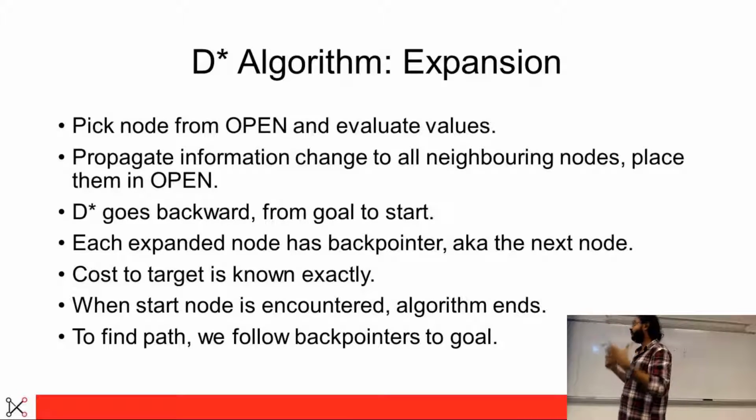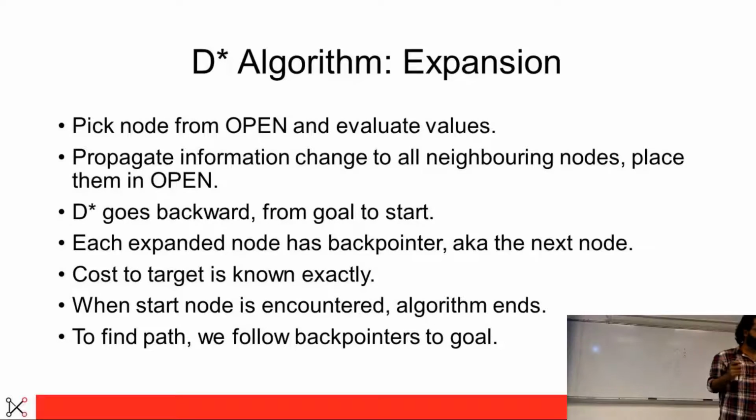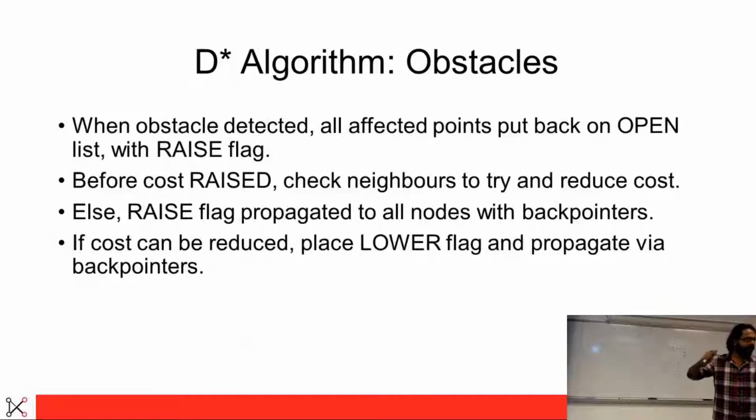And we know the cost to go from one node to another, which is, if you remember, 1.4 and 1, or 14 and 10, based on our Pythagoras. When the start node is encountered, as in when it is in the open list, that's when your algorithm ends, and from start we follow the back pointers to our goal. That's the basis of how we iteratively expand each node.